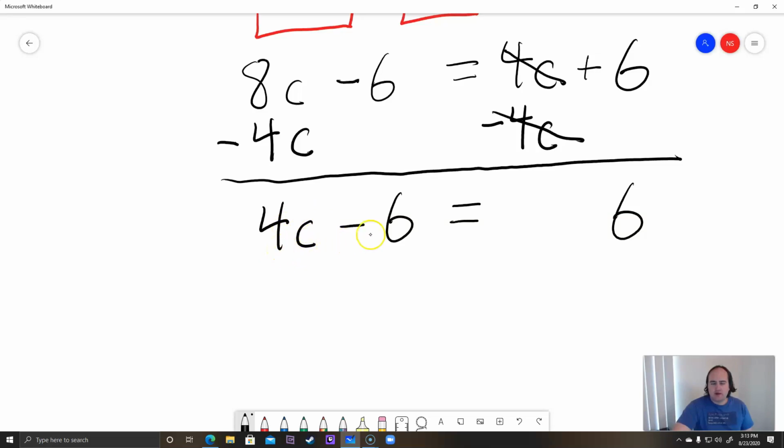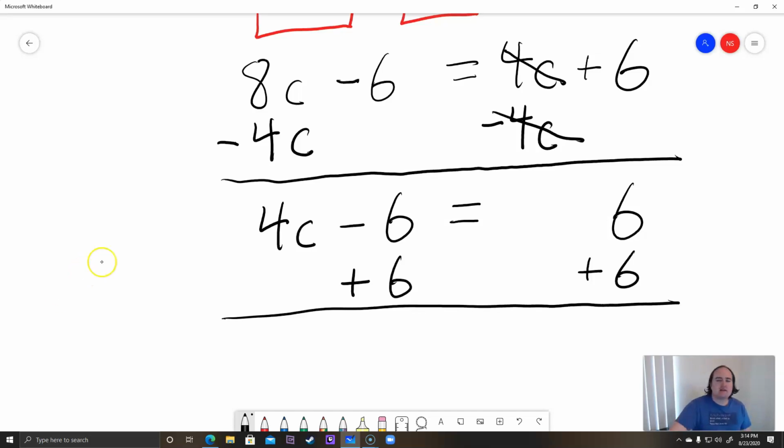Well, you want to do your addition and subtraction before your multiplication and division when you're isolating a variable. So here, how do we get rid of the minus 6? What's the opposite of subtracting 6? Adding 6. So we're going to add 6 to both sides, and that'll get rid of the negative 6 on the left side.